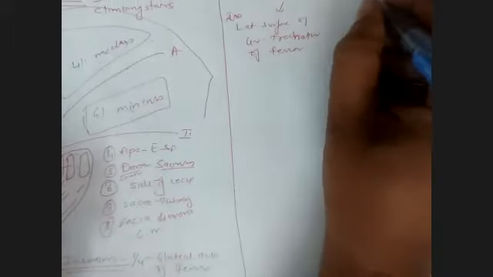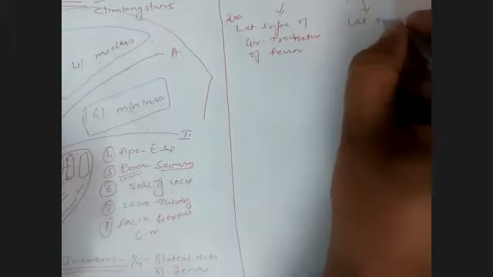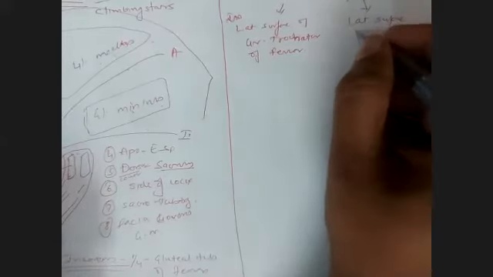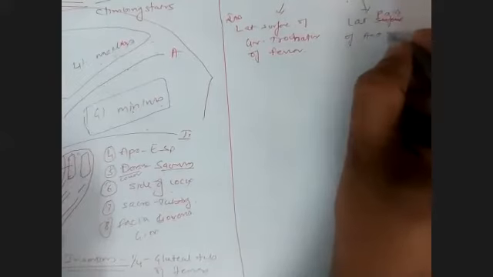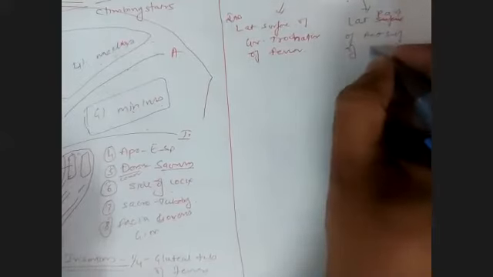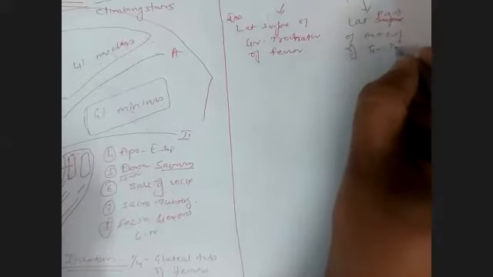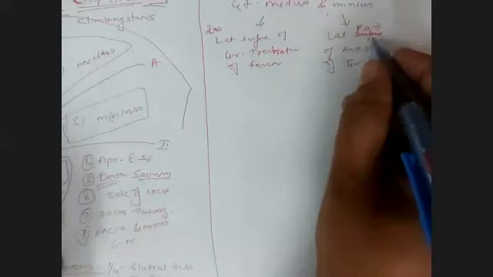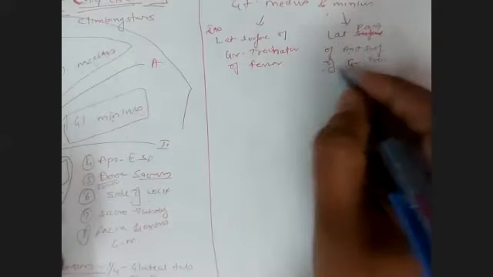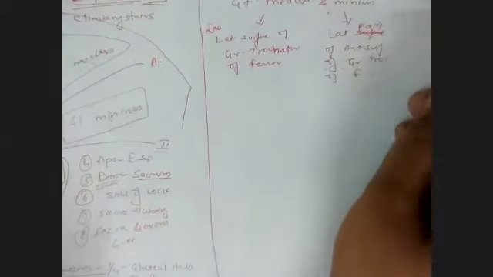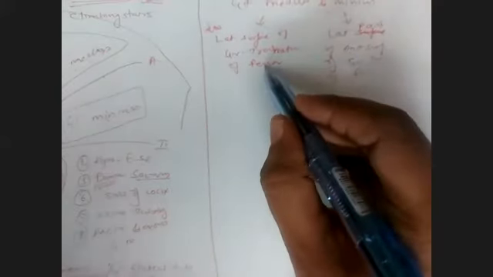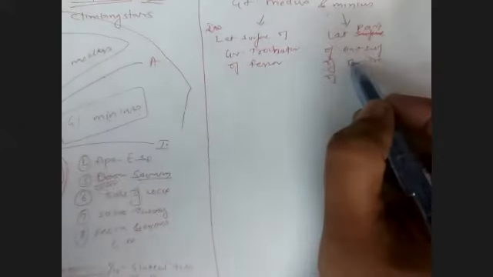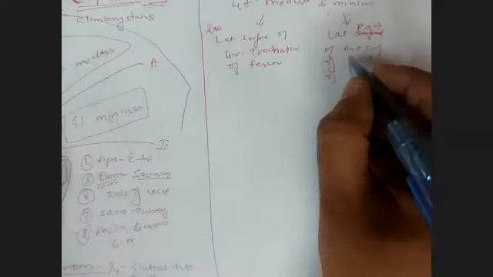Minimus gets inserted on the lateral part of the anterior surface of the greater trochanter of the femur. So gluteus maximus is on the posterior surface, medius is on the lateral surface of the greater trochanter, and minimus is on the anterior surface but lateral part.